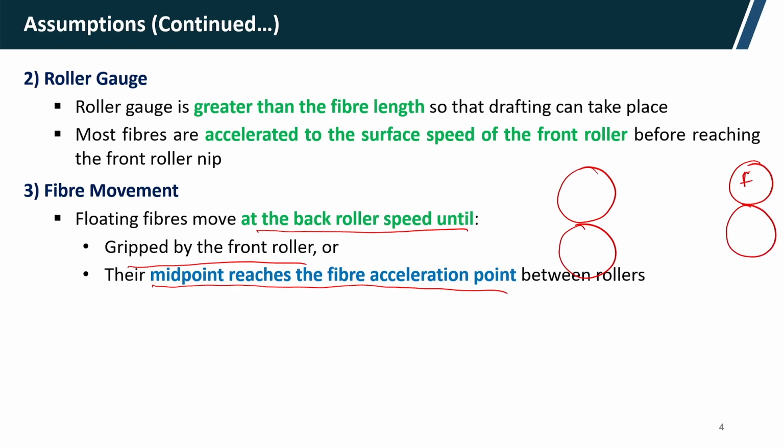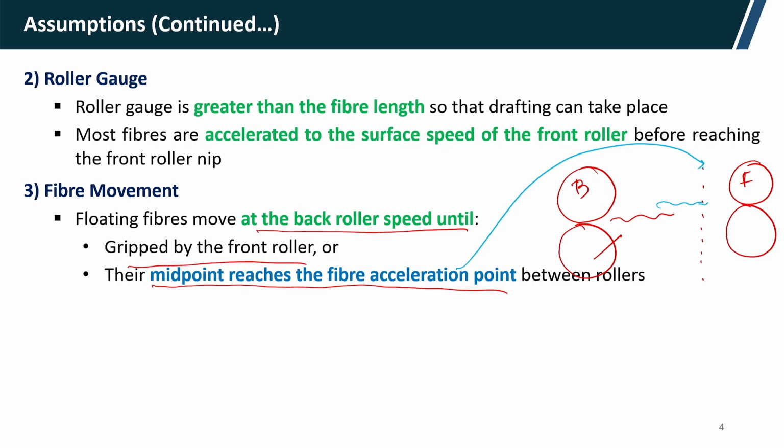Suppose this is the front roller and back roller, this is a floating fiber, and there will be one accelerating point. This fiber is moving at the back roller speed, at slower speed, and in the second instance, the fiber is just touching the accelerating point.